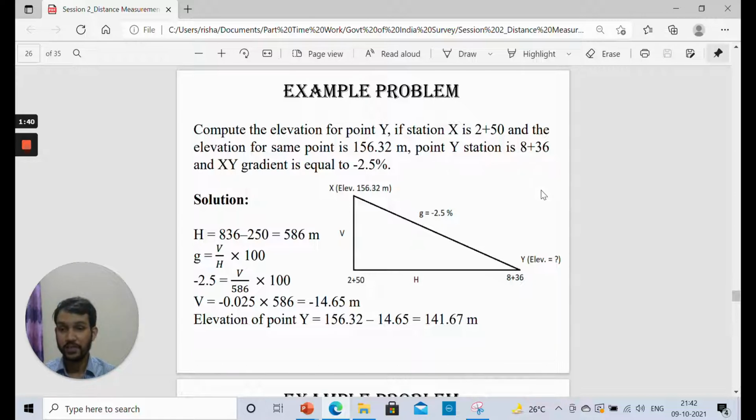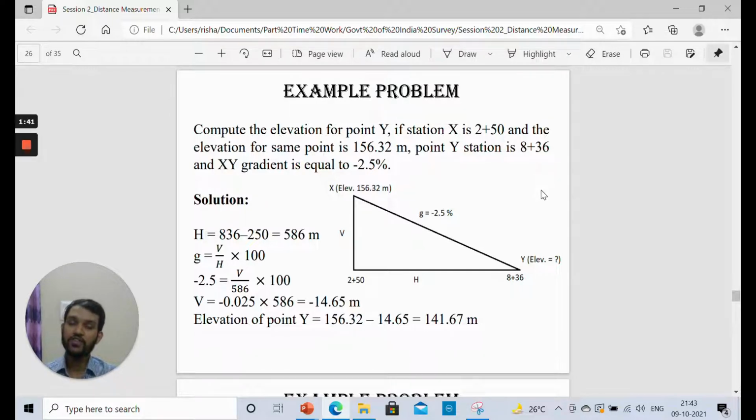Once this is known, we can easily calculate the elevation of station Y. The elevation of station X is 156.32, and if we decrease this by 14.65, we get 141.67 meter. This will be the elevation of point Y.